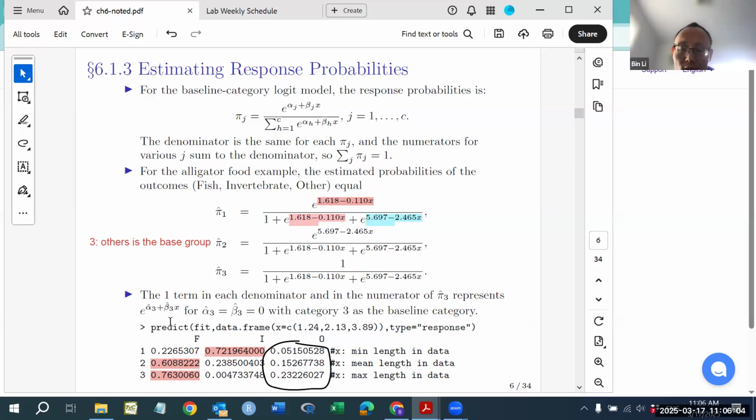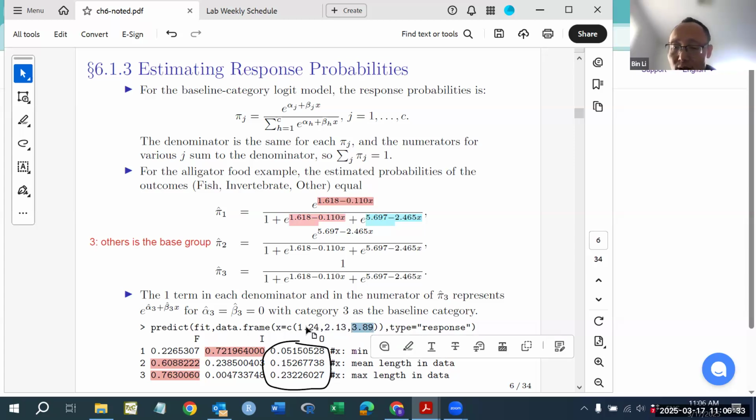Okay, so we can also use the predict function in R to do the prediction. Here we have the fitted model, fit, that's the model object for the baseline category logit model. And now we have a new data set, a data frame for x equals to 1.24 meters, 2.13 meters, and 3.89 meters.